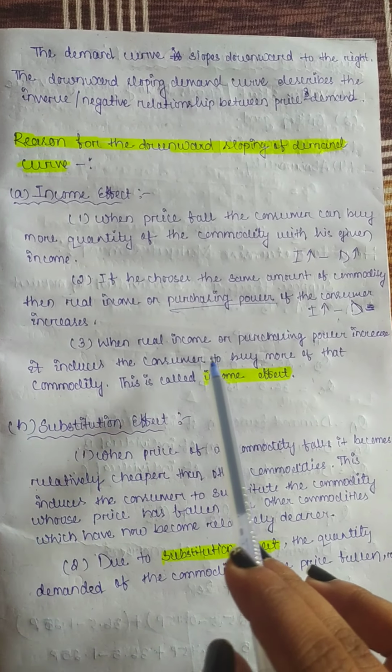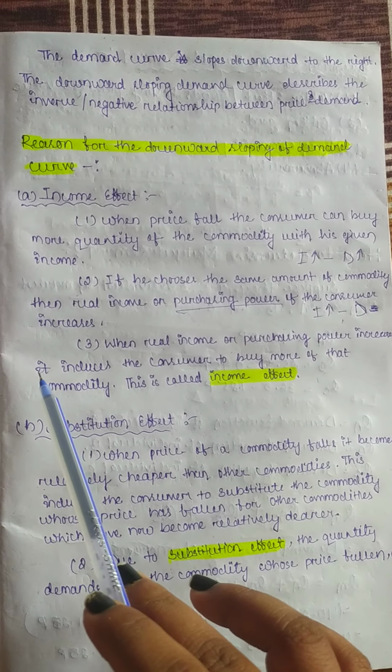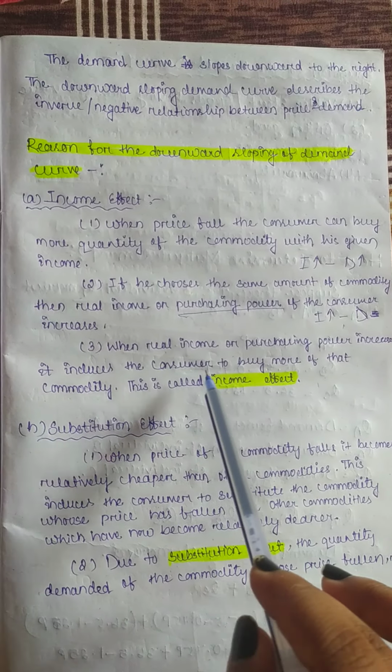When the purchasing power increases, it induces the consumer to buy more of that commodity. This is called the income effect.